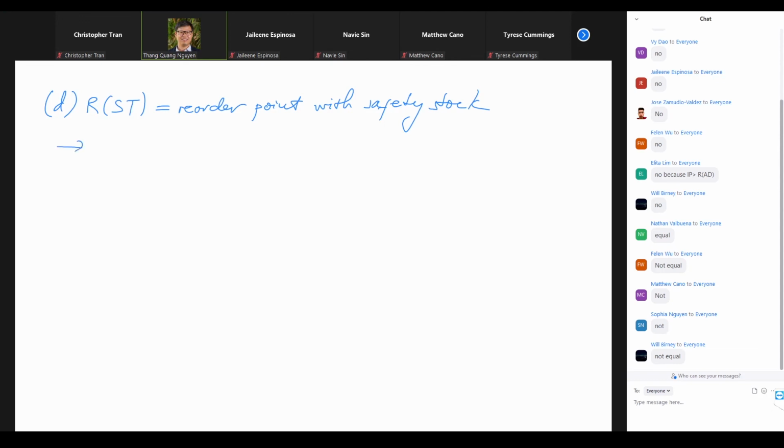Let me draw the service level for this situation. Again, we are looking at the same demand during the lead time, DL, the same demand structure or distribution. It's a normal distribution like this. The average is still here.